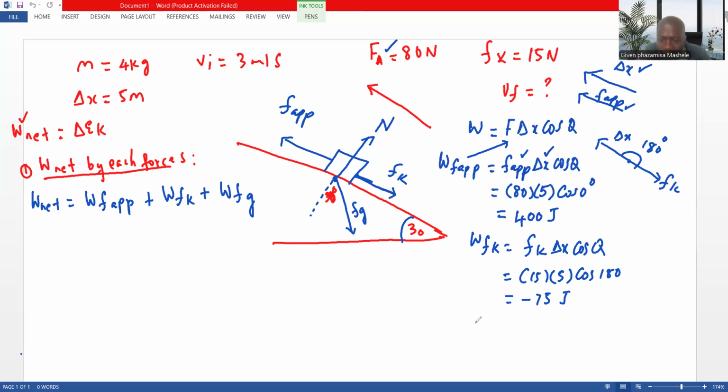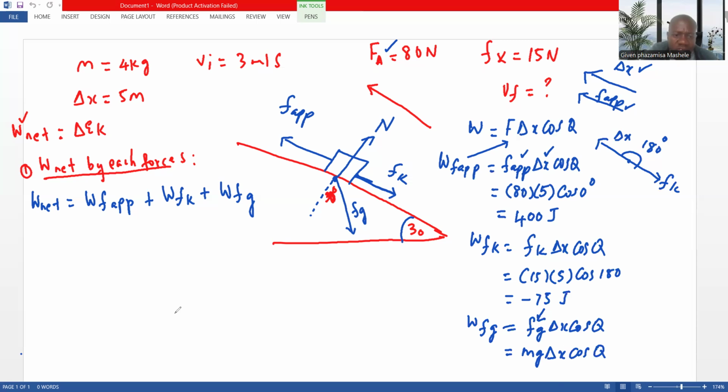Now we have to calculate the work done by the force of gravity without considering the components, which will be Fg delta x cos of theta. What is Fg? We know it's mg. So it will be mg delta x cos of theta.